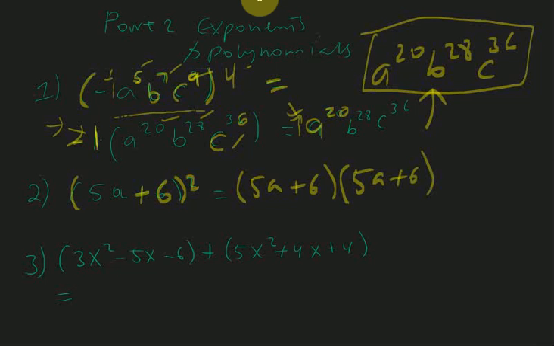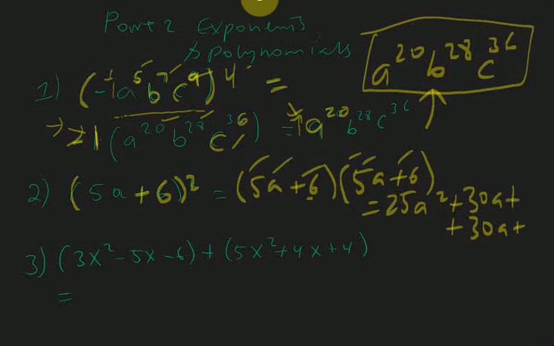So 5 times 5 is 25, a times a is a square, plus 5 times 6 is what? 30a, plus, and then 6 times 5a again is 30a, plus what we got here?